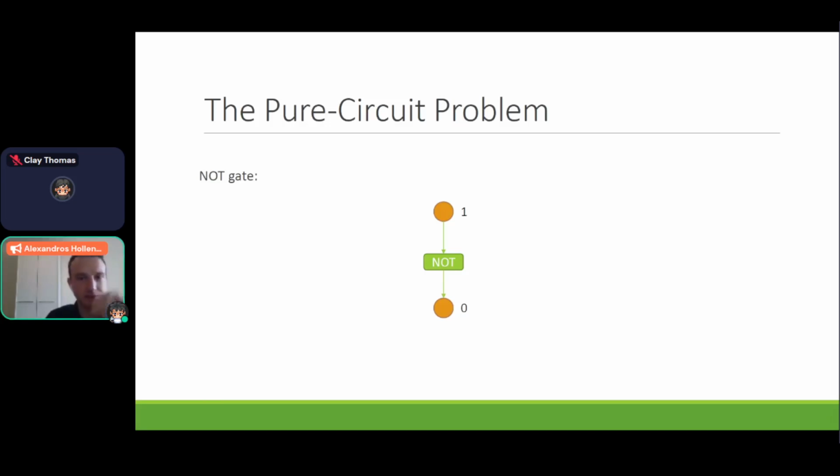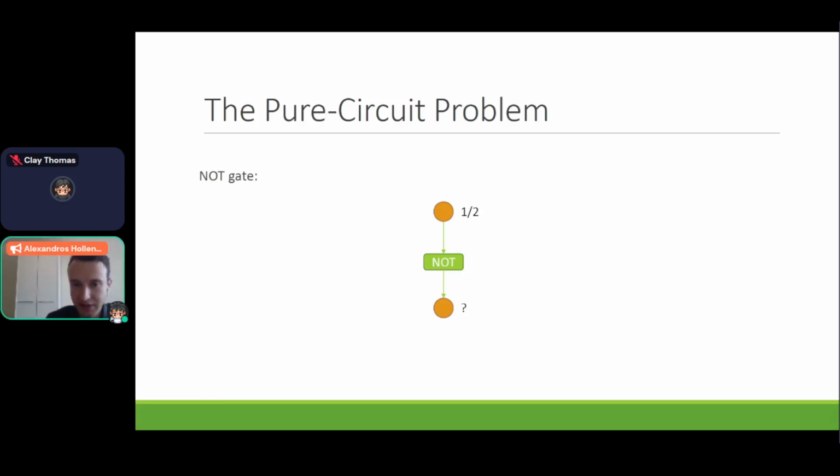But I mentioned here that in this kind of circuit, we allow any value between 0 and 1, as well as 0 and 1 themselves. So we also have to specify what this NOT gate does, or what it needs to be satisfied if the input is not 0 or 1, but something between 0 and 1. For example, what if the input is 1/2? What does the output of the gate need to be for the gate to be satisfied if its input is 1/2?